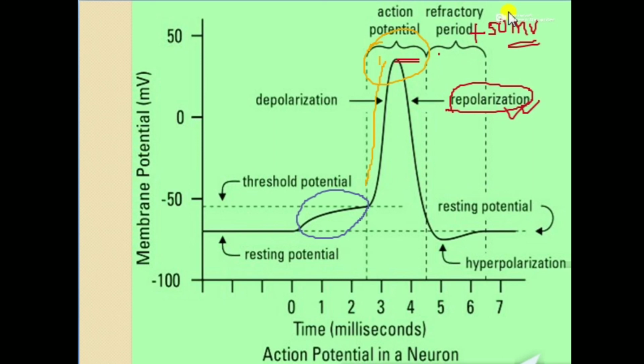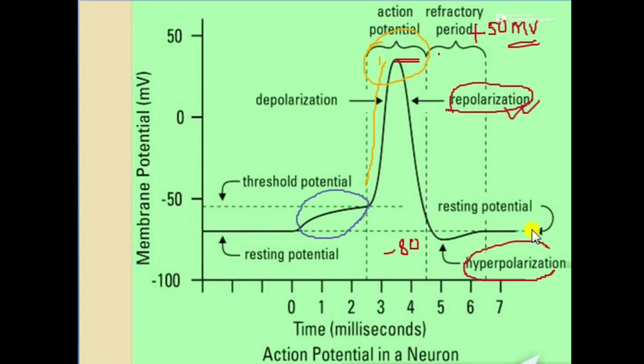In this phase, potassium ion goes outward. They don't know how much they need to go. So somehow the concentration goes from minus 70 to under minus 80 millivolt. This phase is known as hyperpolarization.